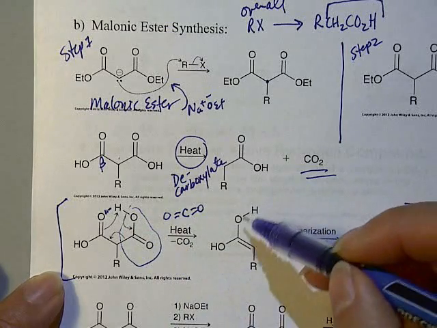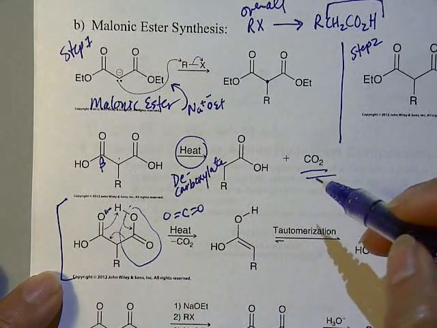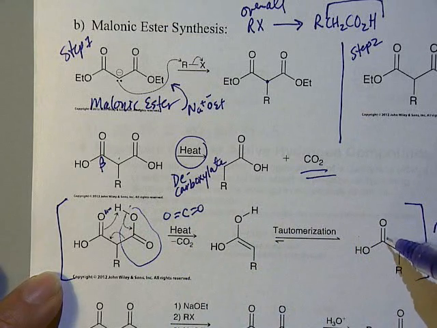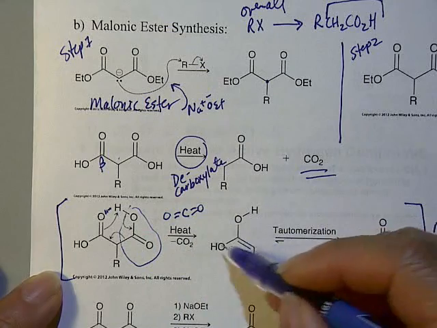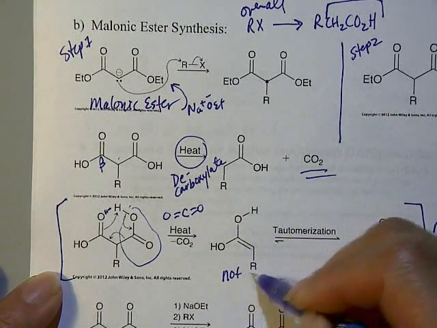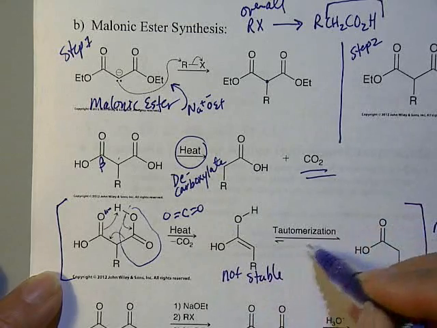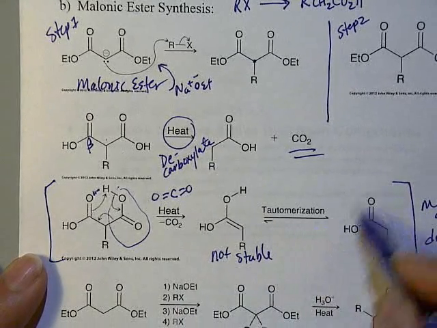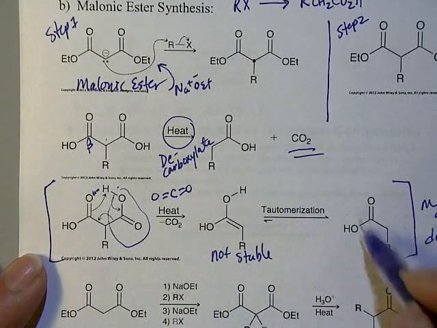So, as you know, enols are not as stable as the keto, or actually in this case the carboxylic acid form. So this enol of the carboxylic acid is not very stable, as shown by this arrow, in which most of it will be in this form.